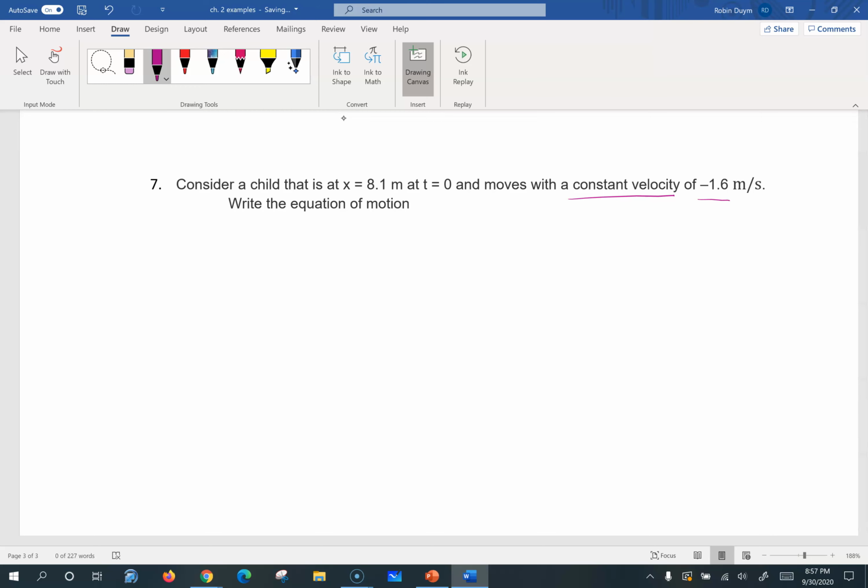Now, this is what I suggest you do, right? Write what you know, and then remind yourself with a little sketch of an x-t graph. All right, here we go. And the line you don't know, we'll leave off for a second.